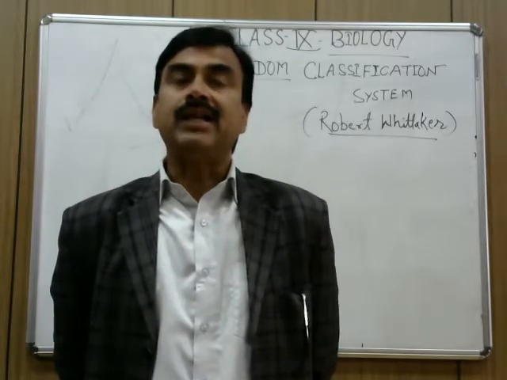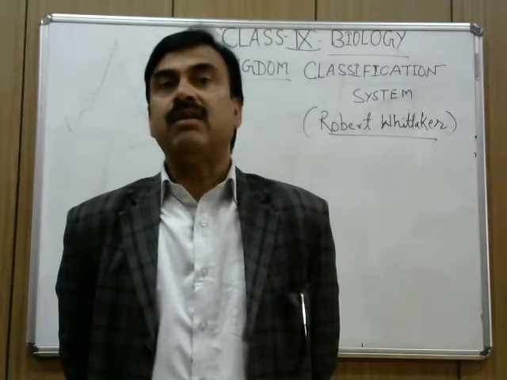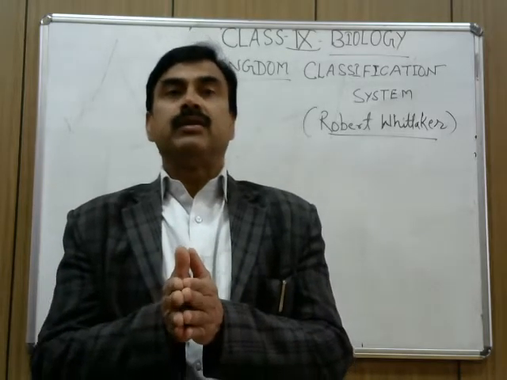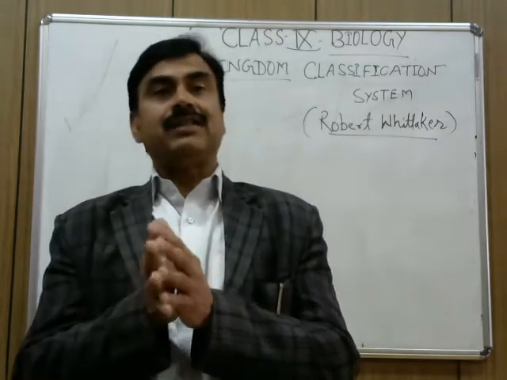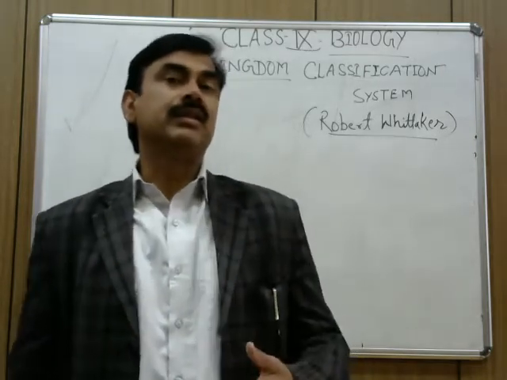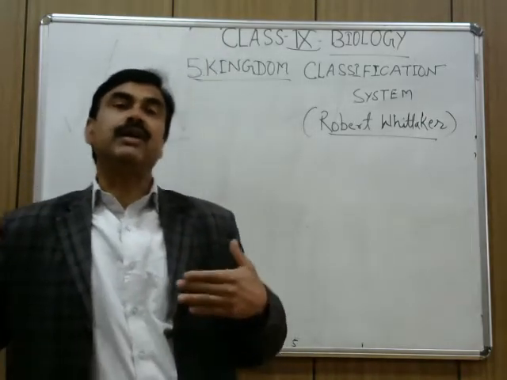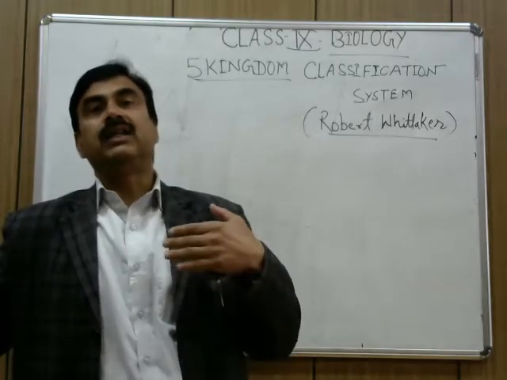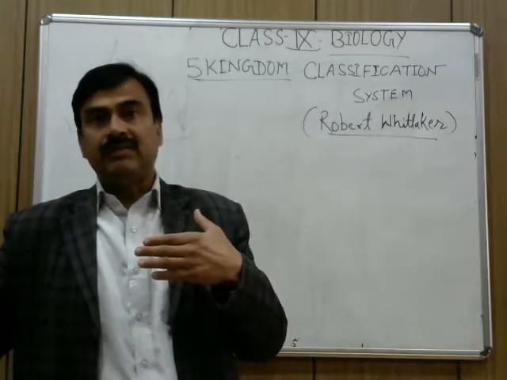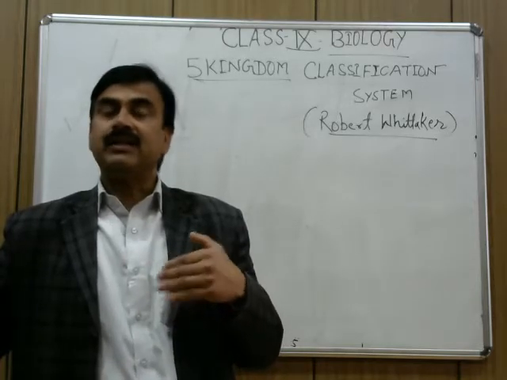In the hierarchy, I explained that the top unit of classification is the kingdom, and the lowest unit of classification is species. When we begin the classification, we always start with the name of kingdom, then phylum for the animals, and for the plants we write division.